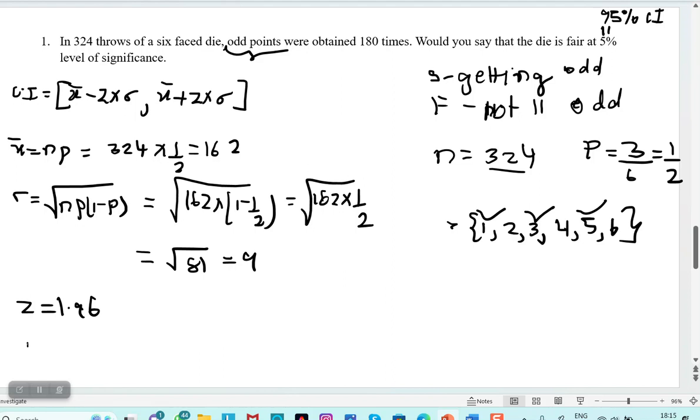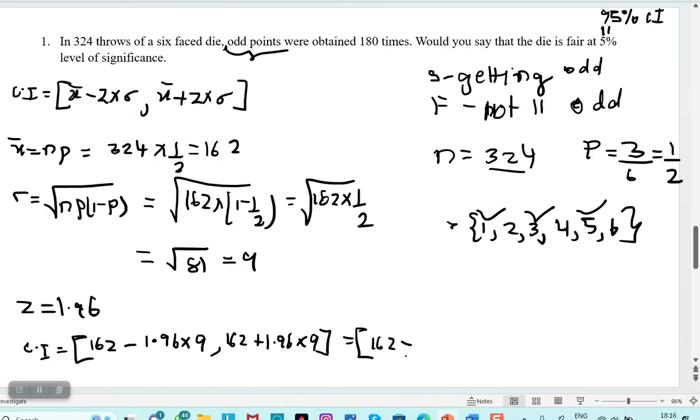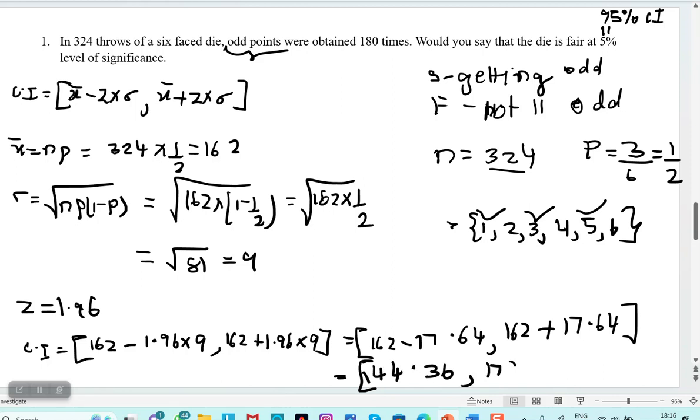Now we insert all the values. CI is equal to x bar 162 minus Z 1.96 into 9, 162 plus 1.96 into 9. 1.96 into 9 we have to find out using a calculator, which is 17.64. So 162 minus 17.64 is 144.36, and 162 plus 17.64 is 179.64.